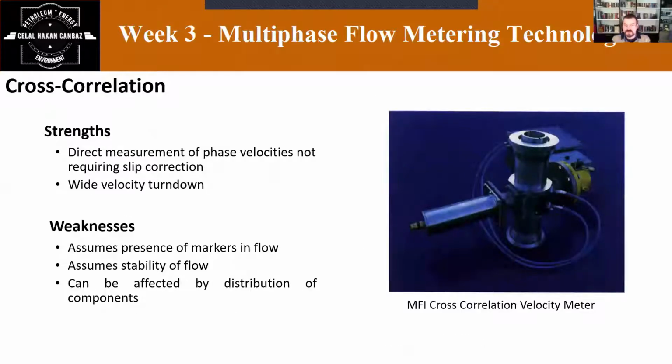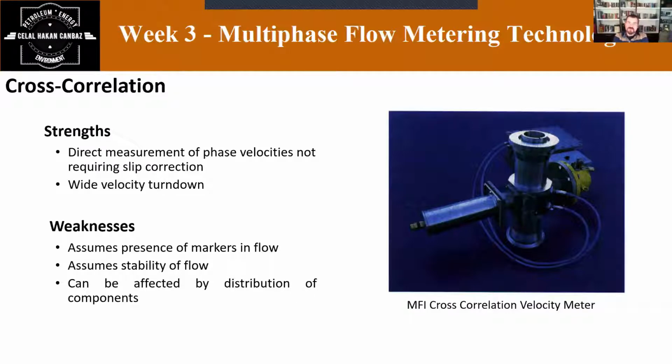So another one is cross correlation. One of the examples is the MFI cross correlation velocity meter, which can be seen here. The strengths can be given as direct measurement of phase velocities, not requiring slip correction. It's a good one, because the device is simple when compared with the others, as you can see from the picture as well.